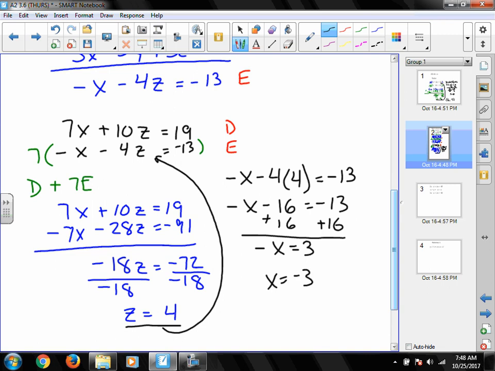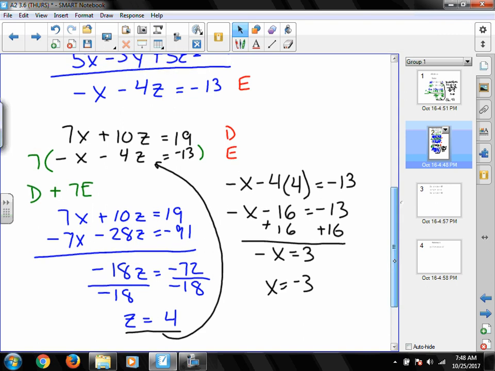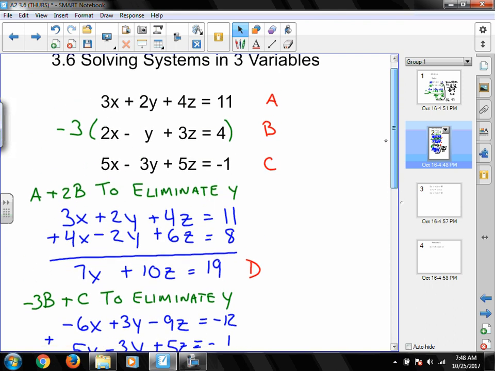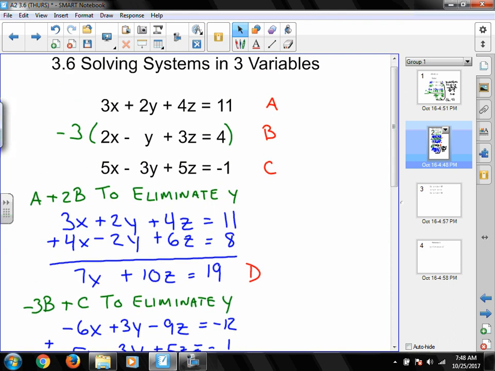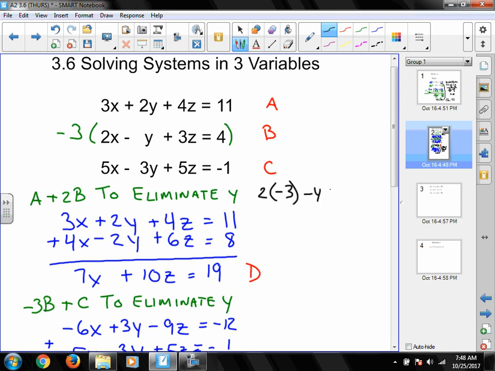You can either multiply or divide by negative 1. Now that I have x and z, I can go all the way back up to equation A, B, or C. In this case, I am going to pick equation B because I know I'm looking for y. So I'm going to plug into that. I'm going to get 2 times negative 3 minus y plus 3 times 4.